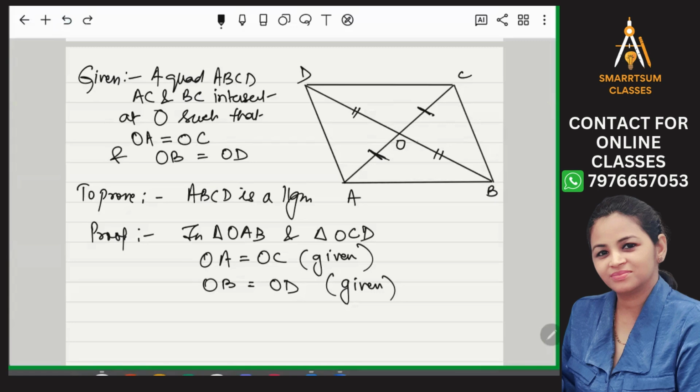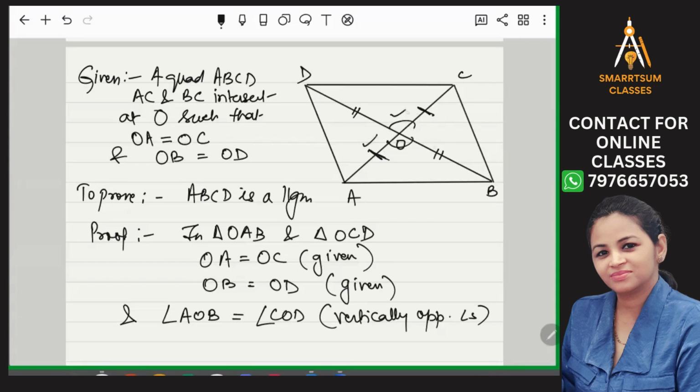So write down: angle AOB is equal to angle COD, because they are vertically opposite angles. So side, angle, side, right? So by SAS criteria, we can say that these two triangles are congruent.